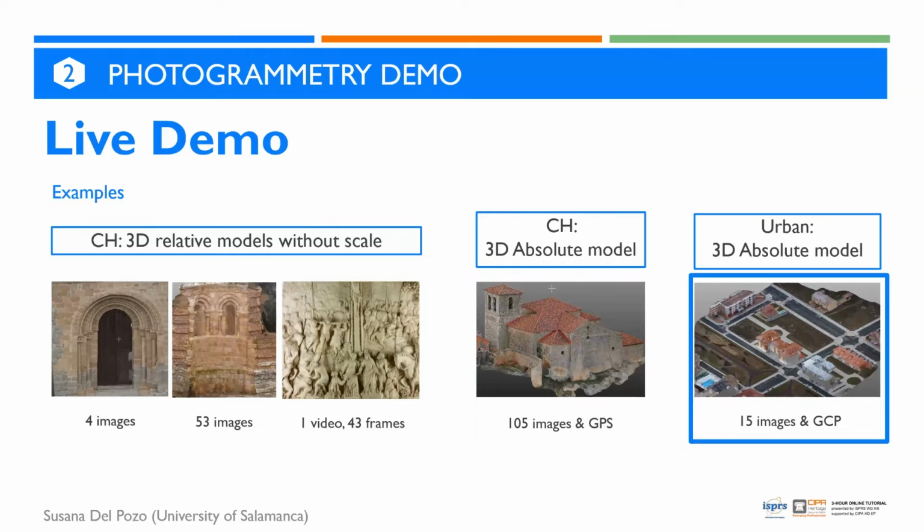And finally, an urban environment acquired with a drone, in this case 15 images, without GPS information, but we have ground control points acquired in situ with the help of some targets established in this environment.